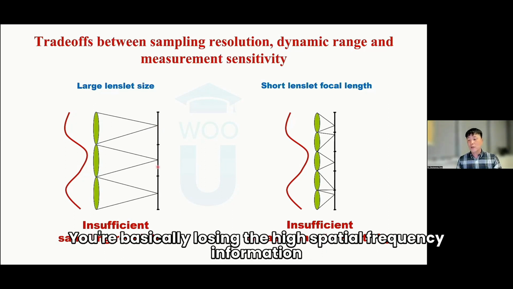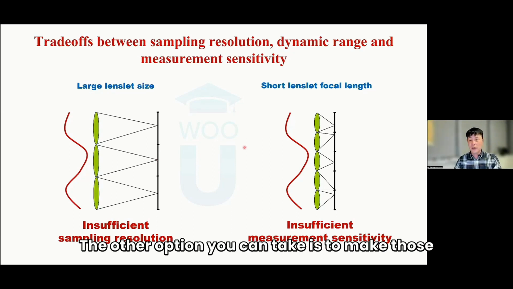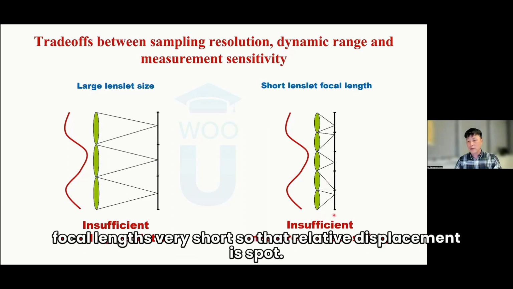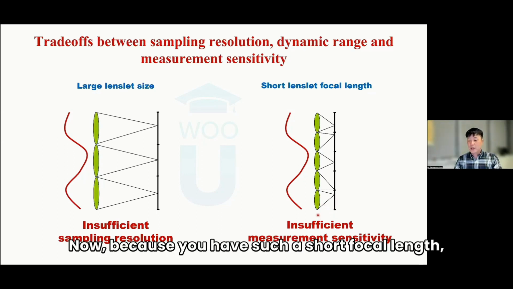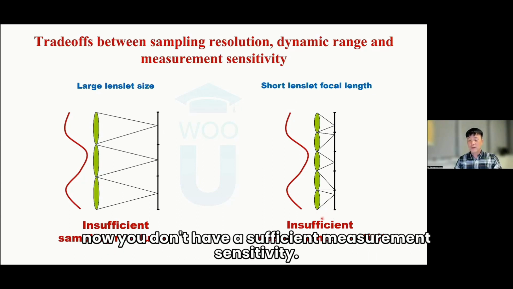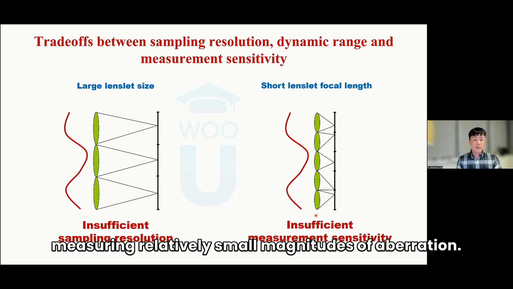You're basically losing the high spatial frequency information that was included in the original wavefront. The other option is to make the focal length very short, so that the relative displacement of the spot is much smaller than when you have a longer focal length. In this case, because you have such a short focal length, you don't have sufficient measurement sensitivity.